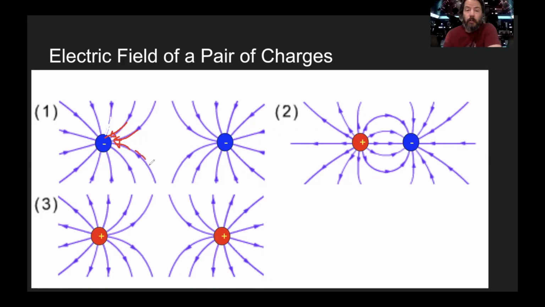And so they're going to bend away from the other charge. So the field lines are going to bend away from the other charge, but they're still going towards. So this arrow is important. If you're drawing field lines, you've got to show me the arrow. Which direction are these going? So it's going towards the negative, but it's bending away from the other negative, okay?